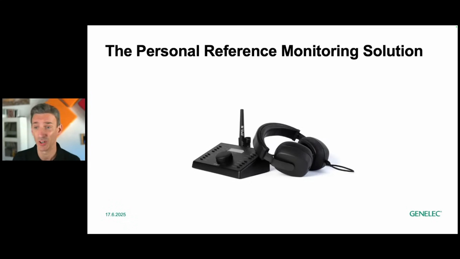I will mention this later on, because every 8550 is calibrated in the factory, and you load this calibration curve into the 9320, which is the second element you see here. This is our reference controller for GLM, for calibrating speakers, but also, of course, for switching groups and doing all the basic monitor controller functions.